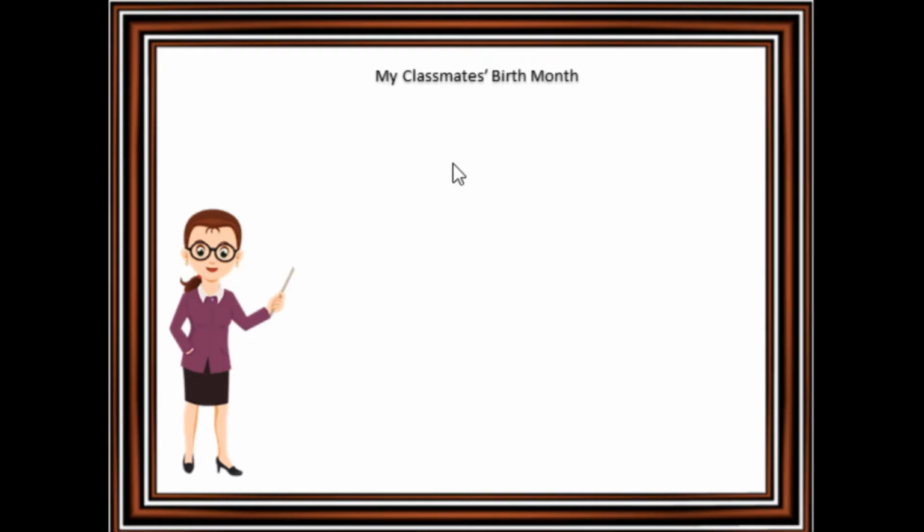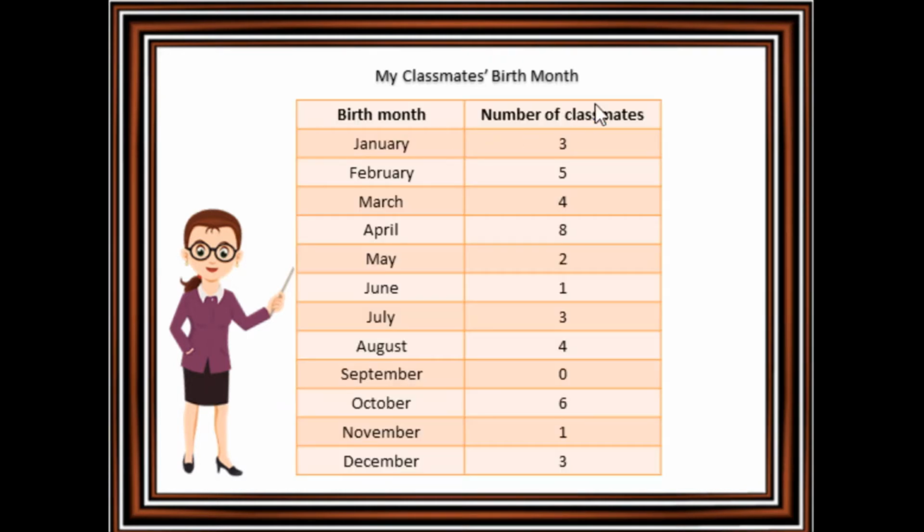So from the girl's question, she was able to make this table chart. She made the chart that has a title of "My Classmates' Birth Months," since she wanted to know the birth months of her classmates. So here we have birth month, and we have the number of classmates that have birthdays on that particular month.